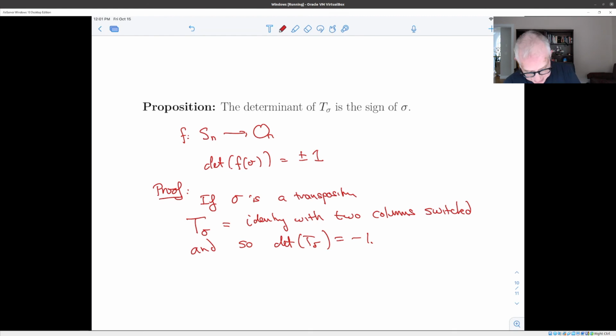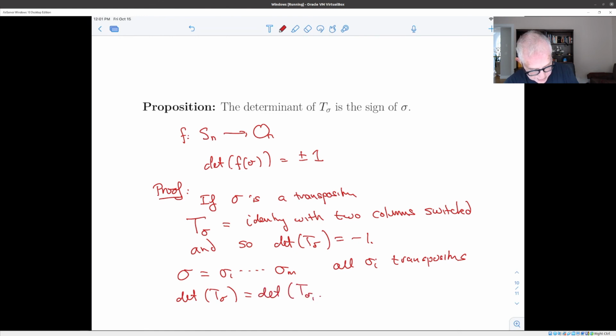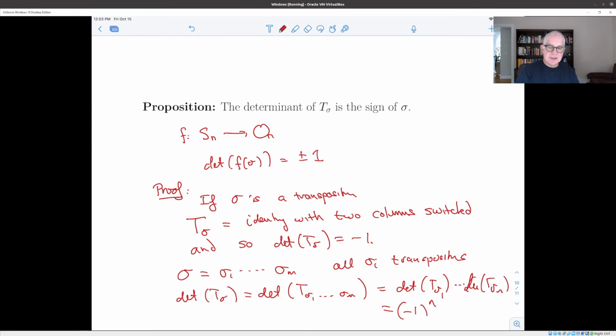And if sigma is a product of transpositions, then the determinant of T sigma is the determinant of T sigma 1 up to sigma n, which is the determinant of T sigma 1 times up to the determinant of T sigma n, which is minus 1 to the n, because for each of those transpositions the determinant is minus 1.